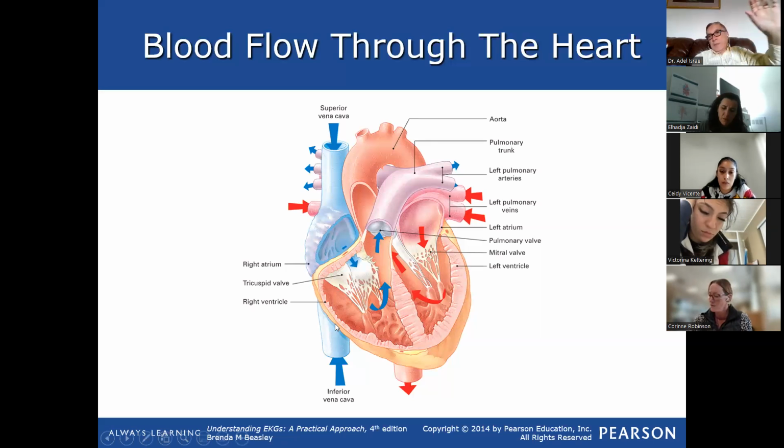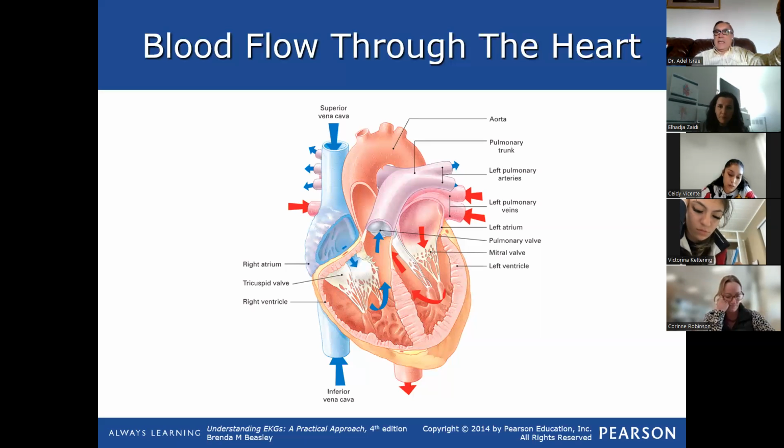So blood will be collected from every part of the body through the superior vena cava and inferior vena cava. That's it. Then the blood is now in the right atrium here.